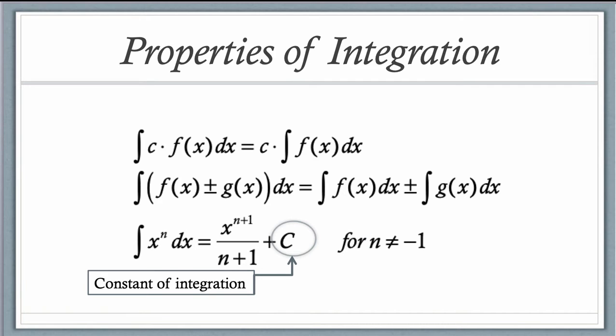The other thing that we need to take note of is that now when we take an antiderivative or an integral, we need to add c, where c is called the constant of integration. The reason why we need that c is because when we take derivatives of constants, the number turns into 0, so we lose that part of our function.